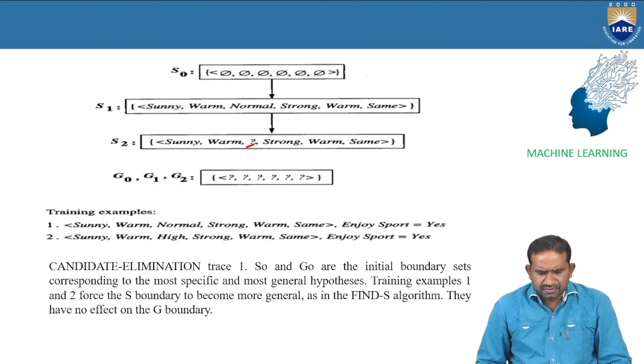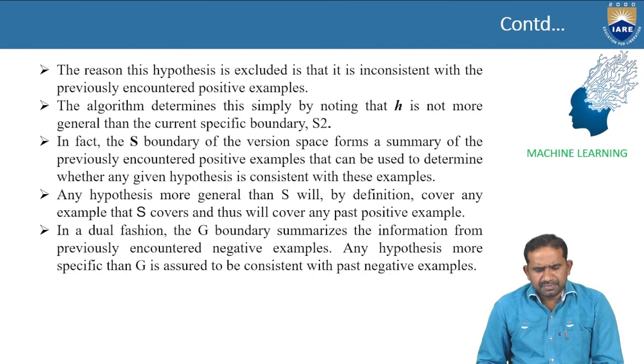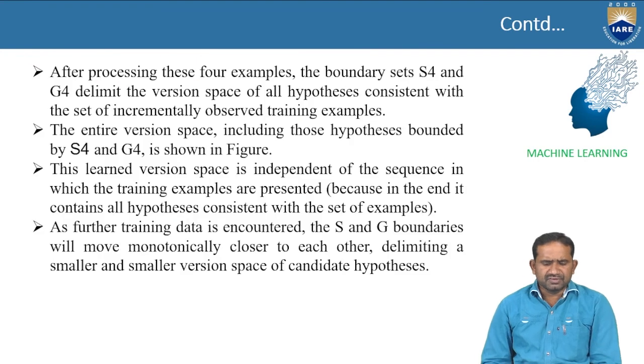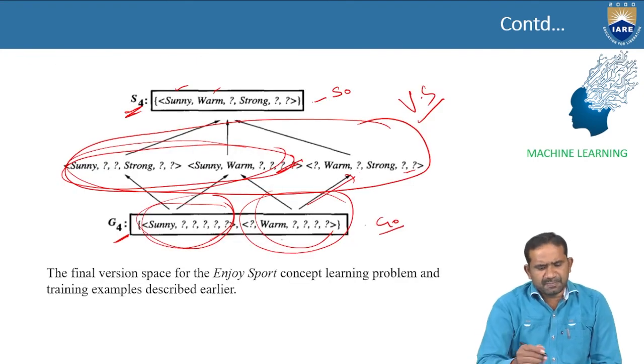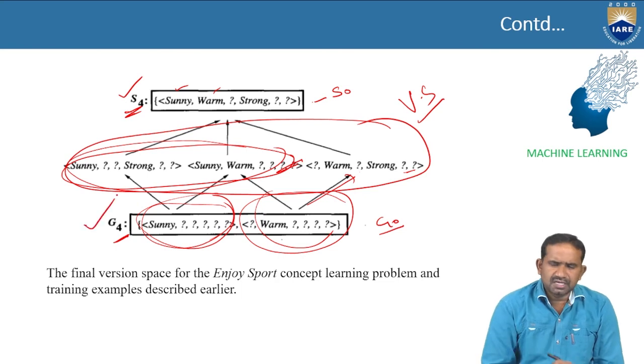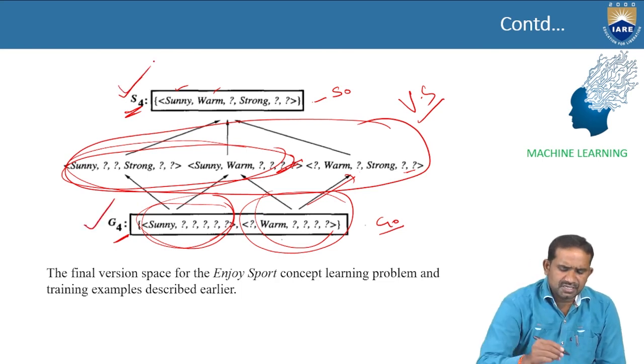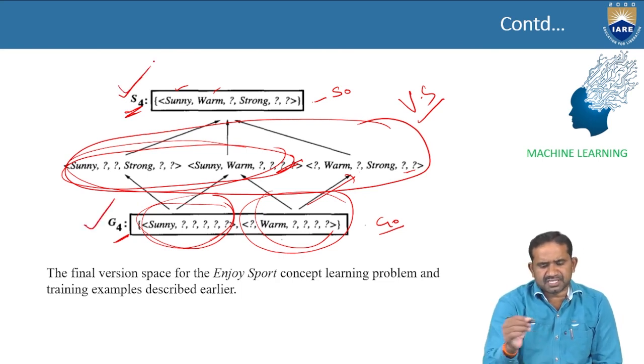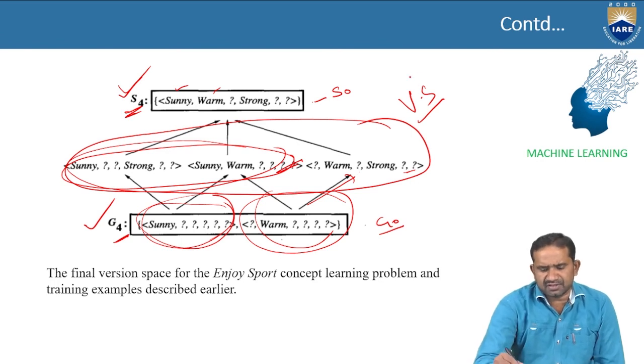So finally, based on the candidate elimination algorithm, we find the generalized hypothesis and specialized hypothesis. In between generalized as well as specialized, we once again gather some version space hypotheses also.